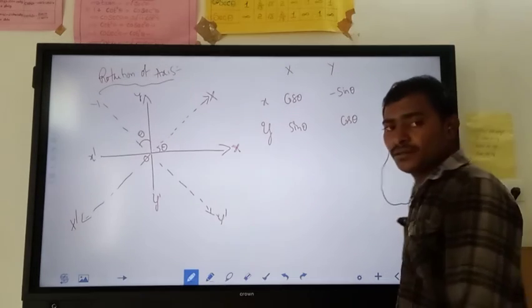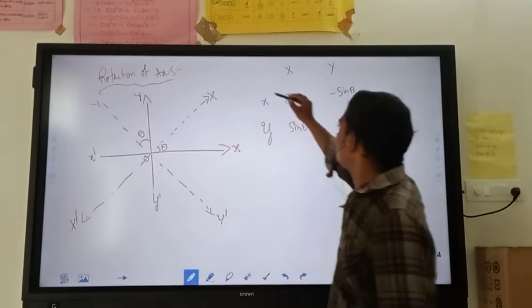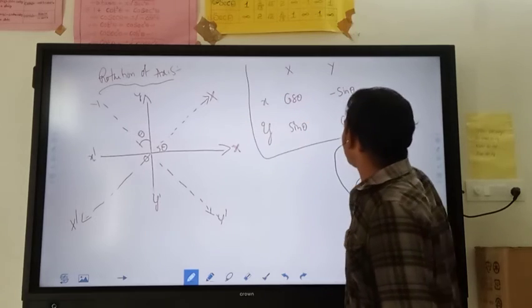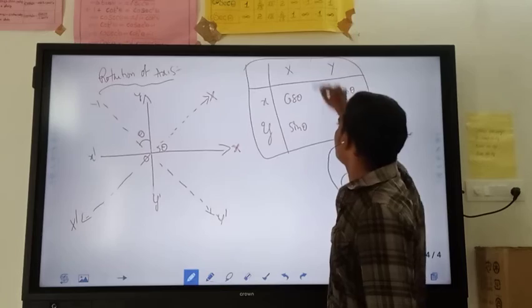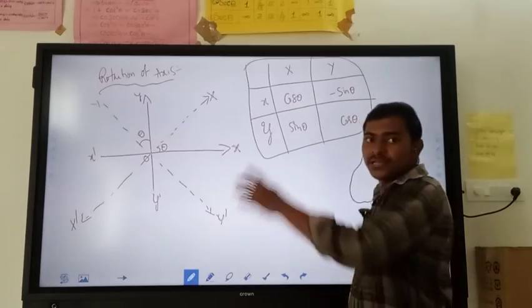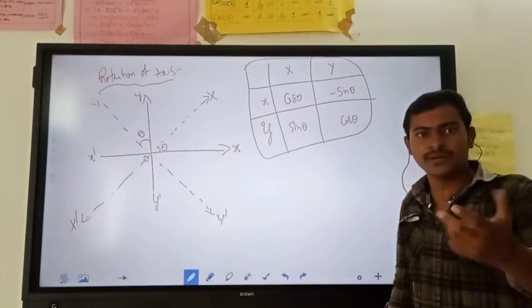Observe that this is the transformation table for rotation of axis.